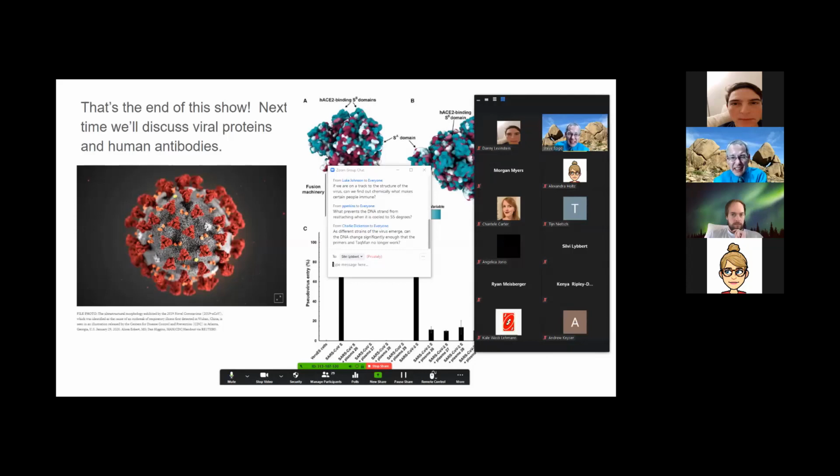Charlie Dickerson asks: as different strains of the virus emerge, can the DNA change significantly so that the primers in TaqMan no longer work? The answer to that is yes, that can happen. It is unlikely, because these primer and TaqMan positions were chosen carefully.